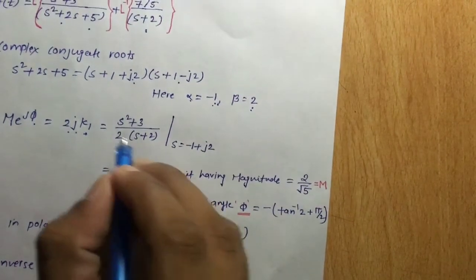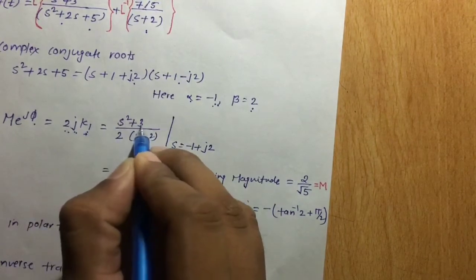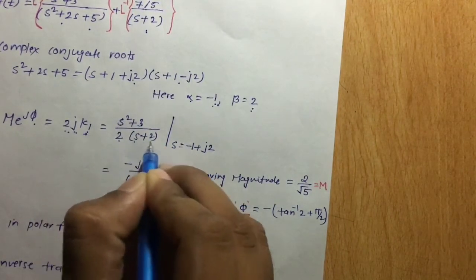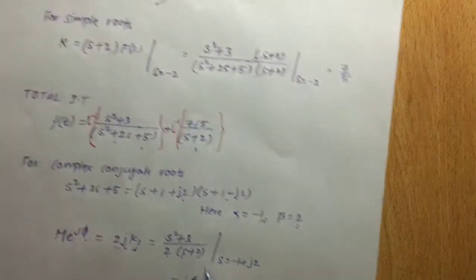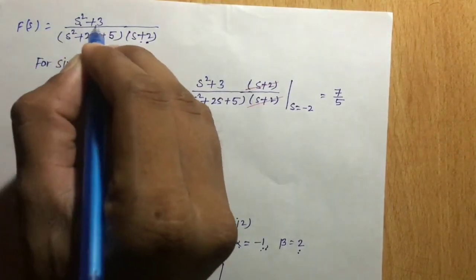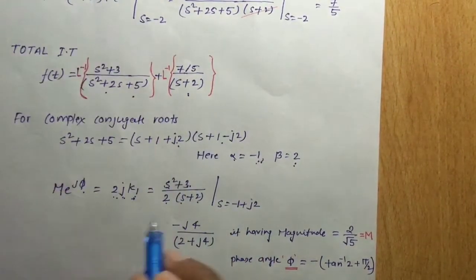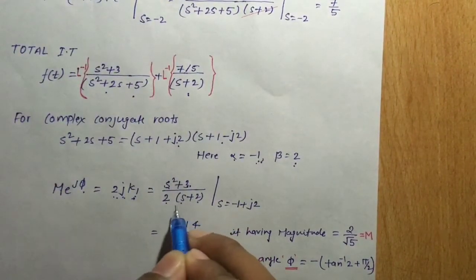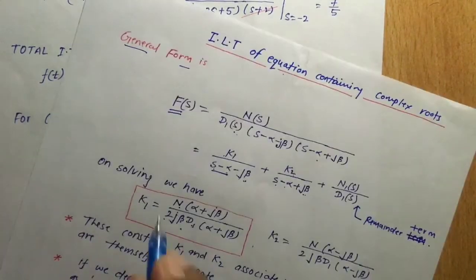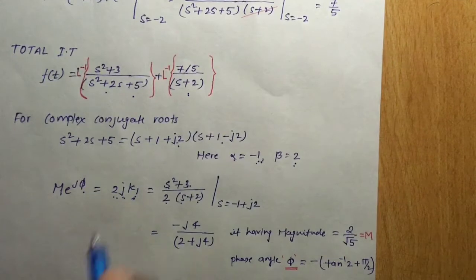That is, we found 2j into K1 is (s square plus 3) by (s plus 2), where the s square plus 3 came from here, and 2j into 2j beta into D1(s) multiplied with 2j.